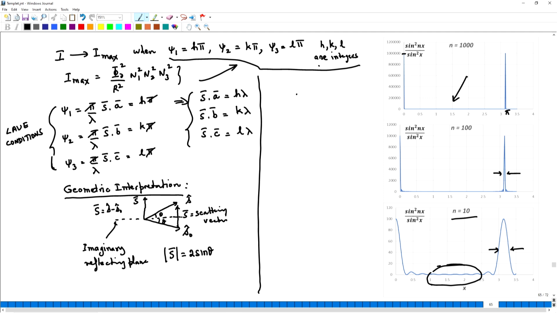Now, let us try to put the scattering vector capital S in crystal coordinates. So, we can rewrite the Laue conditions in crystal space.